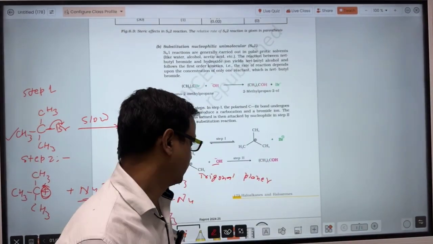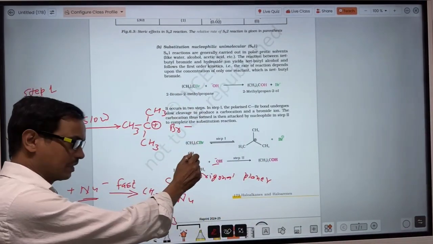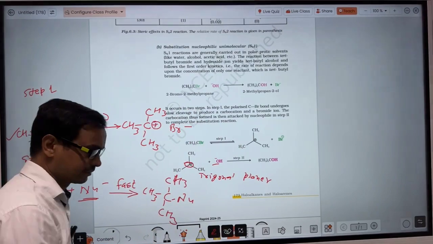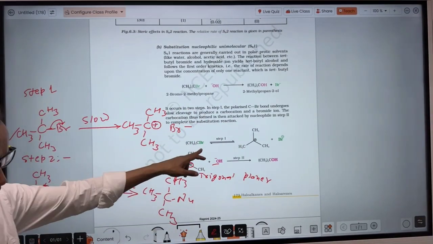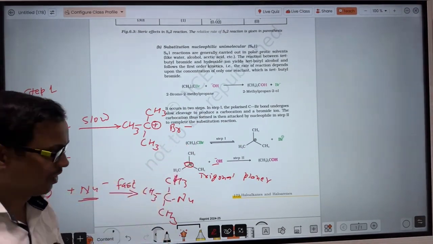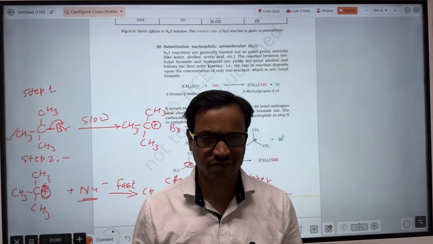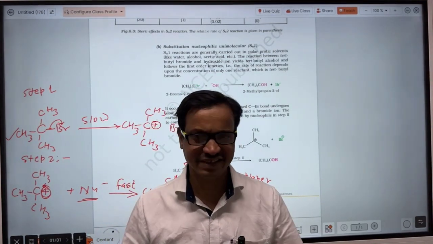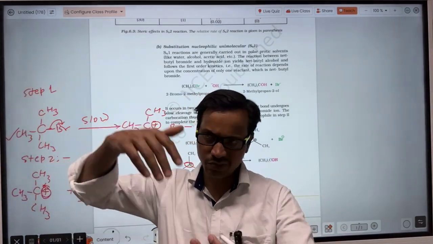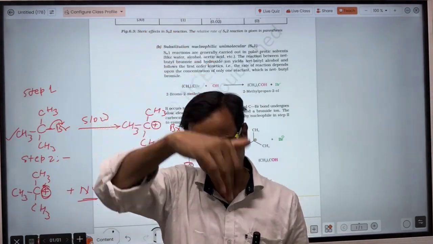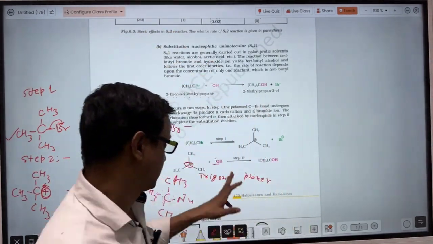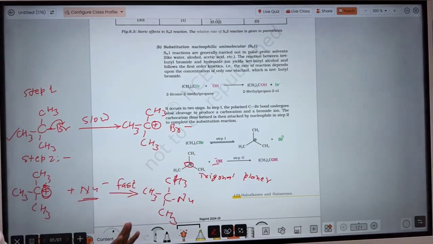Then after, the nucleophile may approach this alpha carbon atom from the direction in which the halogen was present, or from the backward side of the halogen. That means the nucleophile may bond to this alpha carbon atom from the direction in which the halogen was bonded.